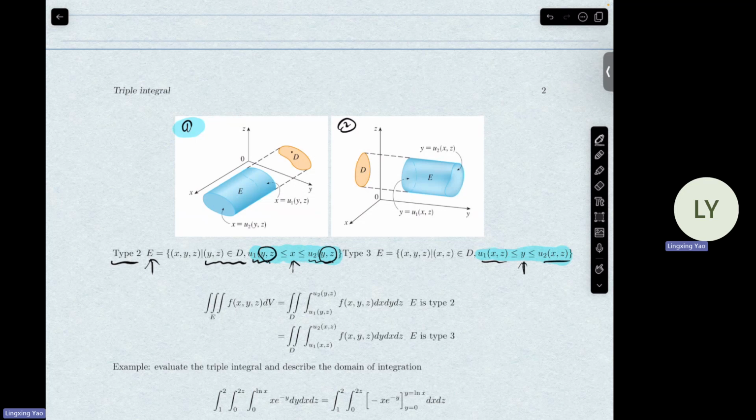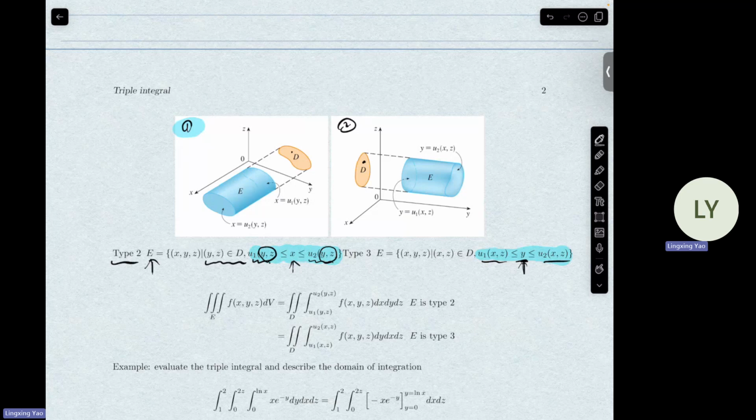Similarly, we can think about the second case on the top panel on the right. Here E is projected onto the xz plane, which means the y variable will be changing. Imagine you stand at a point in the xz plane in D and shoot a laser up above your head.